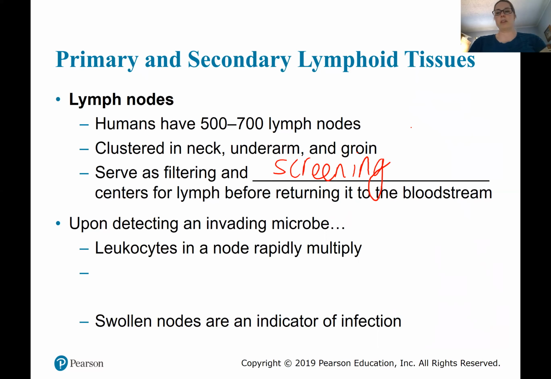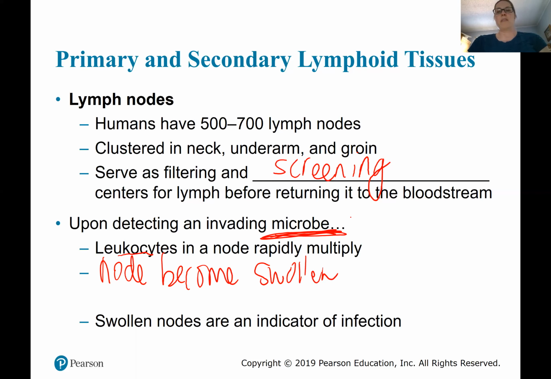If in the lymph nodes an invading microbe, say a bacterium or group of bacteria, is detected, the lymph node will have white blood cells in there that start to divide and rapidly multiply. The lymph node will then become swollen because of all that activity.